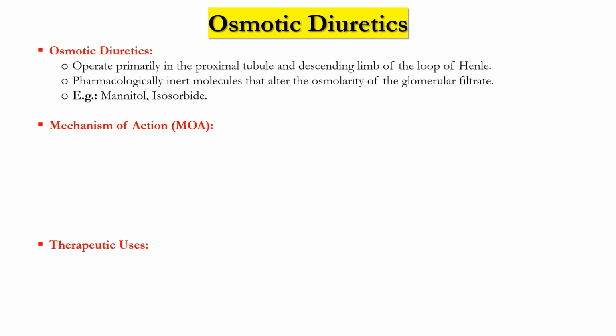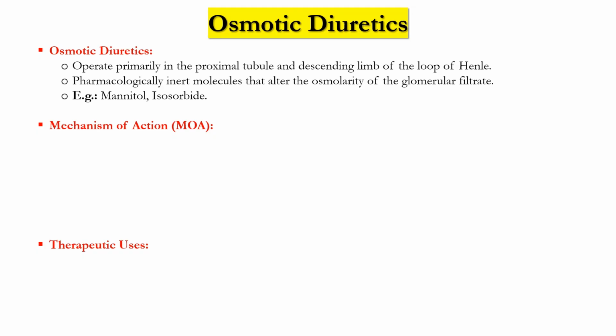We reach the final part of diuretics, that is osmotic diuretics. Osmotic diuretics are pharmacologically inert. They are highly water-soluble compounds that increase urine output by enhancing the osmotic pressure of the glomerular filtrate, so that they prevent water reabsorption in the nephrons.